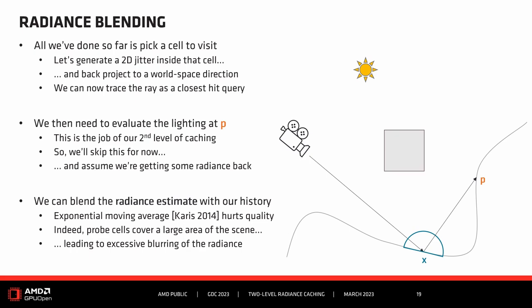And we found out that using a regular exponential moving average was hurting quality too much. And that's because the probe cells are fairly large. They cover a large area of the scene. So just naive blending across all the radiance estimates leads to excessive blurring of the radiance and a loss of shadows in particular.